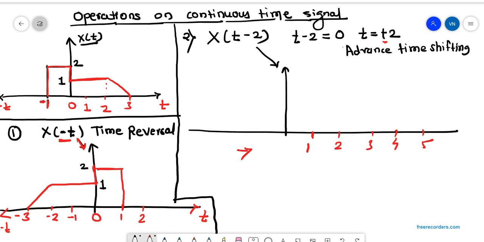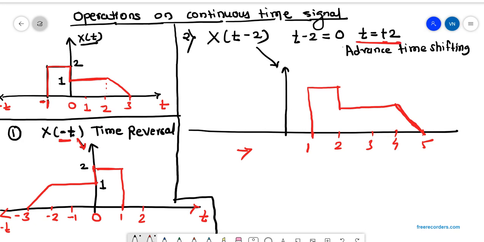The amplitude for -1 will now be at +1, for 0 at +2, for 1 and 2 at 2 and 4, and for 3 at 5. So I just shift the signal by +2.